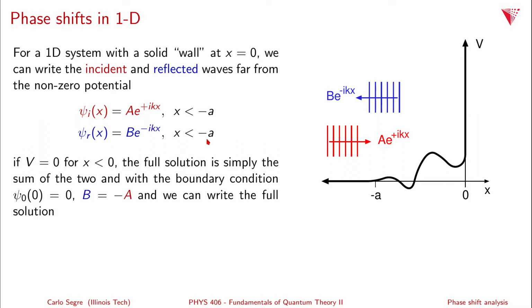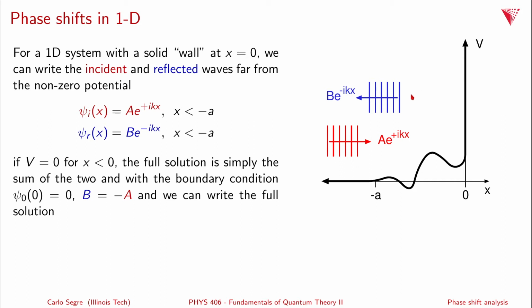Now, if we assume that V is equal to 0 everywhere, so there's a hard wall and nothing else, then the full solution is just the sum of the two, because there's nothing that's going to change the scattered wave except the fact that it's scattered and it's reversed its momentum.